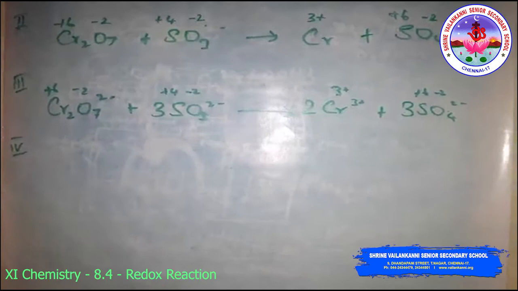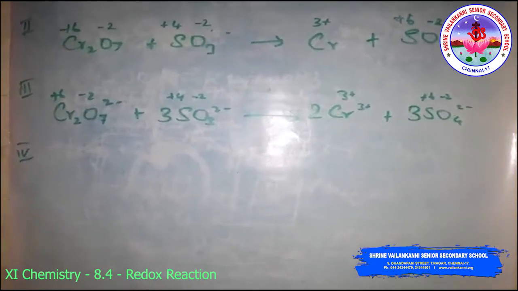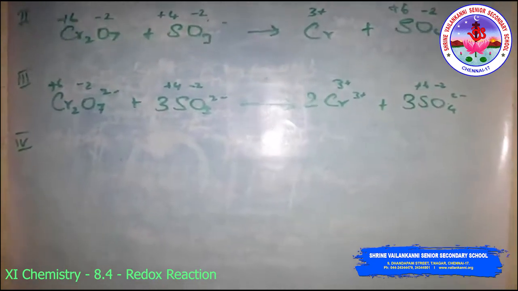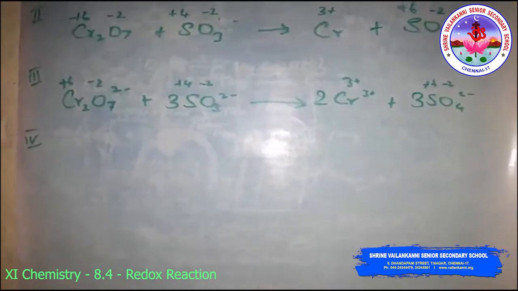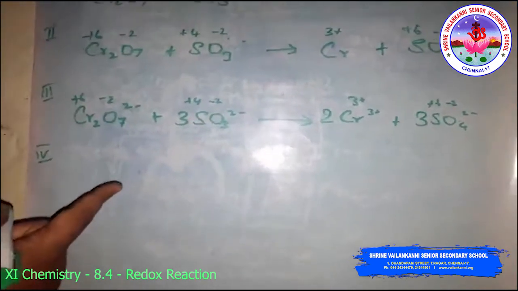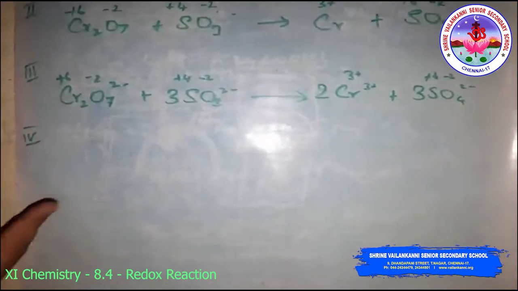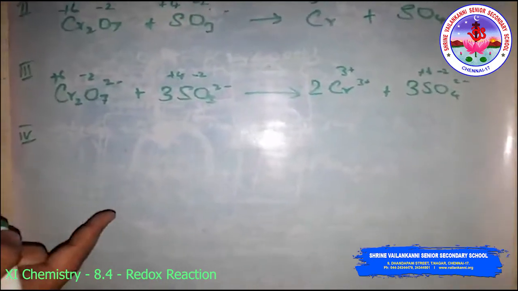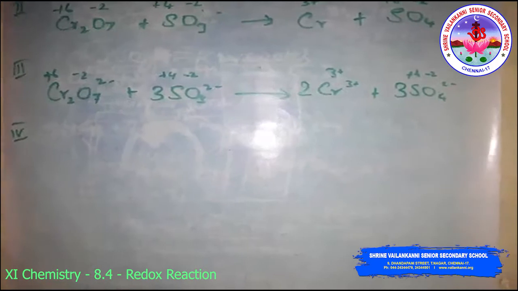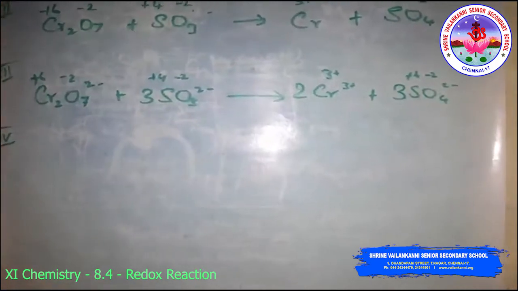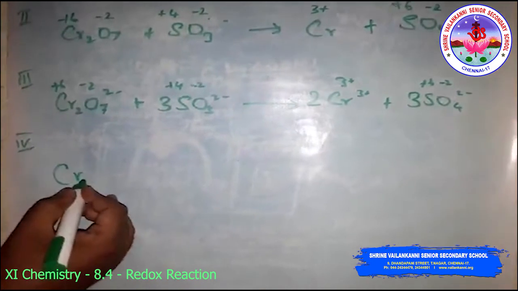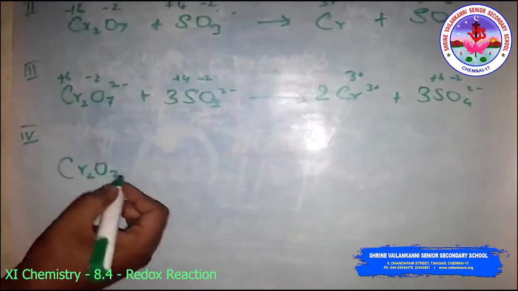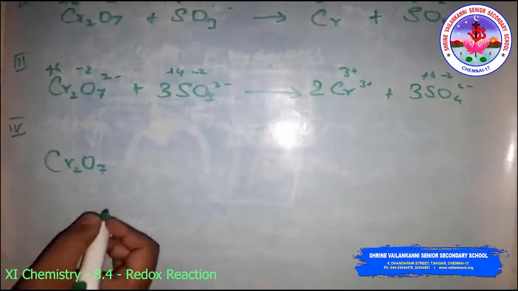The fourth step: the reaction occurs in acidic medium, and the ionic charges are not equal on both sides. So add H+ on the left hand side to make the ionic charges equal.